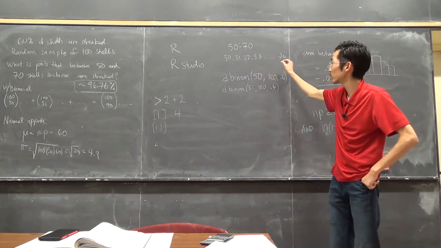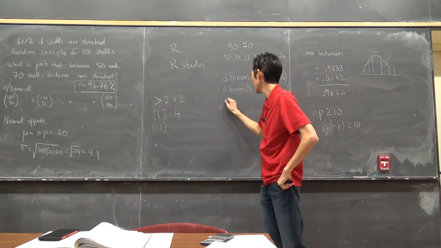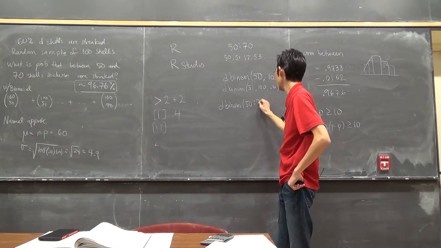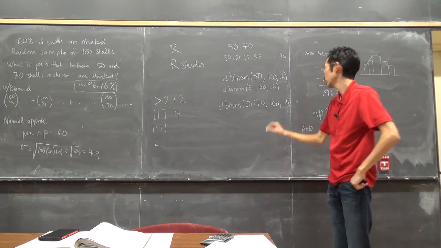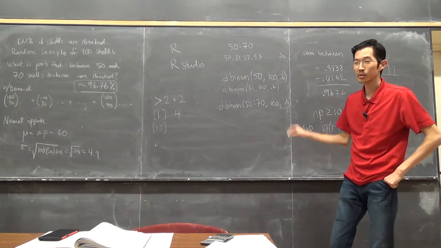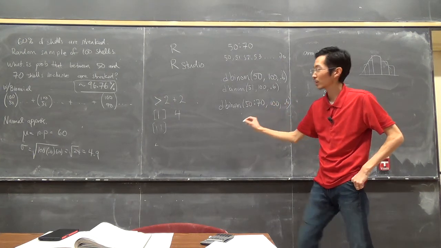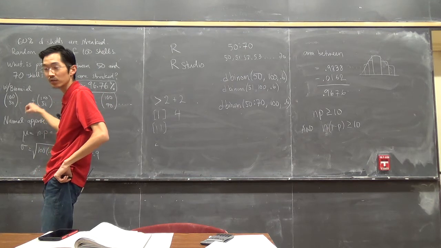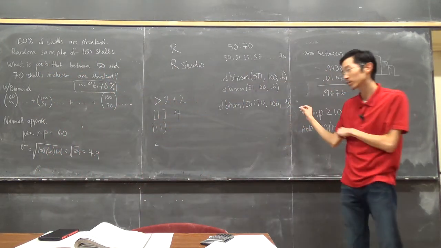So I could do dbinom(50:70, 100, 0.6), and it would spit out all of the numbers that we would have over here: 100 choose 50, 100 choose 51, all the way up to 100 choose 70. That's still a lot of numbers to add up.